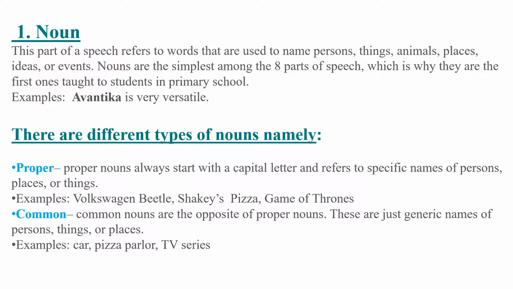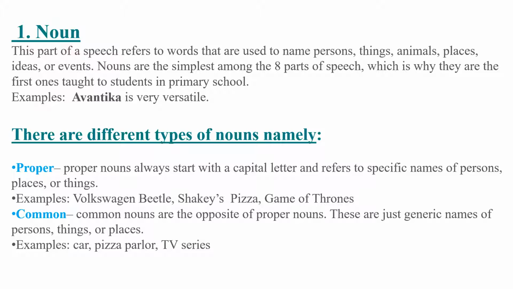For example, Avantika is versatile. Now Avantika is the name of a girl. So noun is what? Noun is the name. It is the name of persons, things, animals, places, ideas or events.